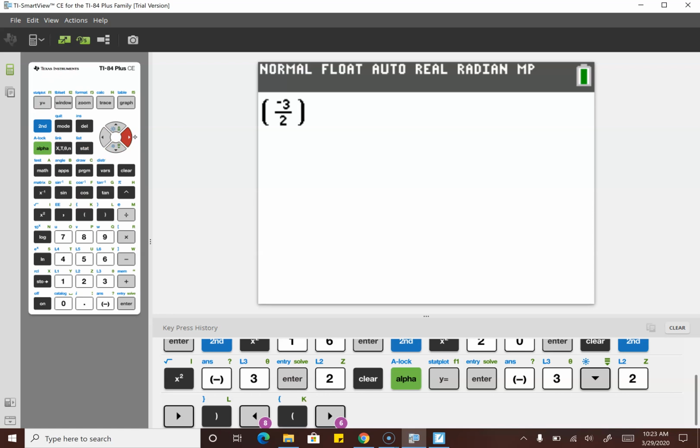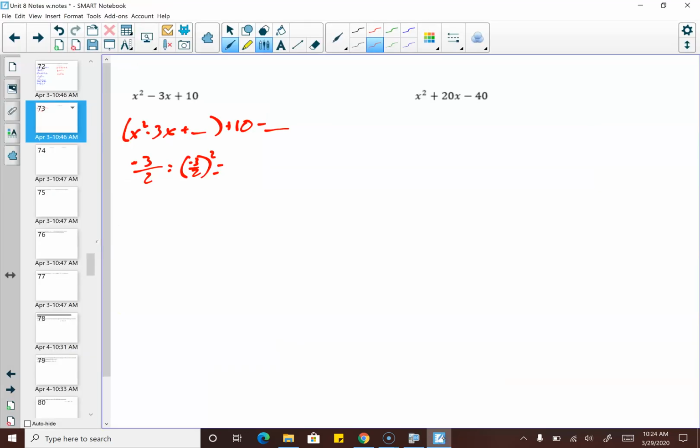So now if we want to square that piece, we end up with 9/4. Okay, so we get 9 over 4. So then we're going to fill in our lines, x squared minus 3x plus 9 over 4, and then plus 10 minus 9 over 4.